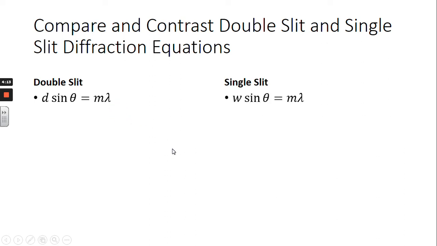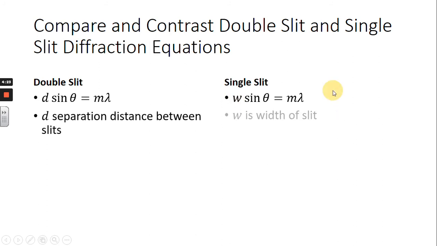Single slit is W sine theta equals m lambda, where W is the width of one slit. So d is the separation distance between slits in a double slit experiment. W is the width of the one slit you have in your single slit experiment.